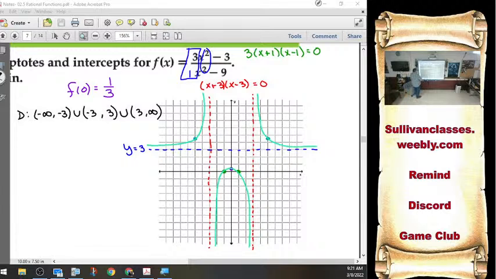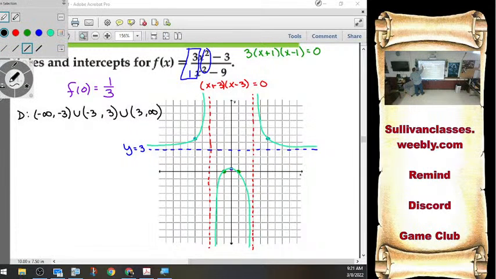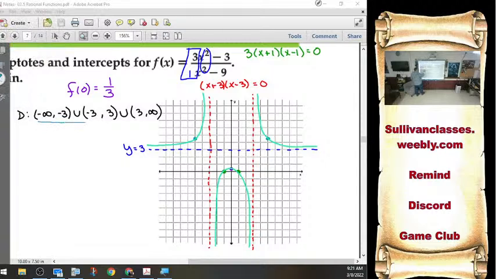It should be a number line when you write it left to right. See how it's an open circle at negative 3 and 3? Because that's my vertical asymptote. That's the one spot it can't equal.